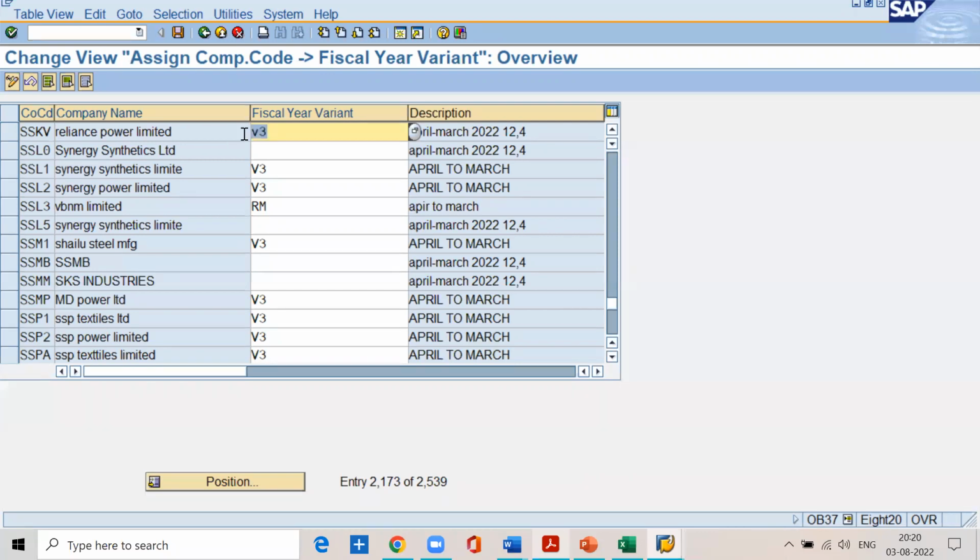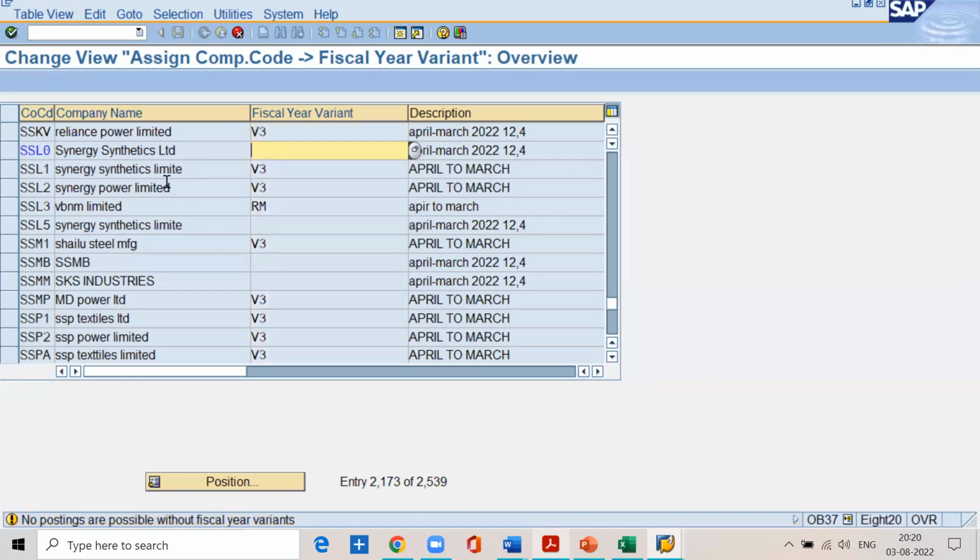Now, this V3 is assigned to the company code, so the values of V3 are applicable to this company code. This is called variant principle. Suppose, in India, you have 5 company codes under your group. Compulsorily, all the 5 company codes have to follow the same fiscal year, right? In that case, for all the 5 company codes, we can assign V3 only.